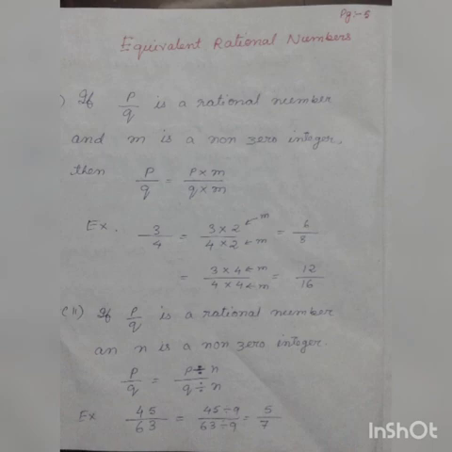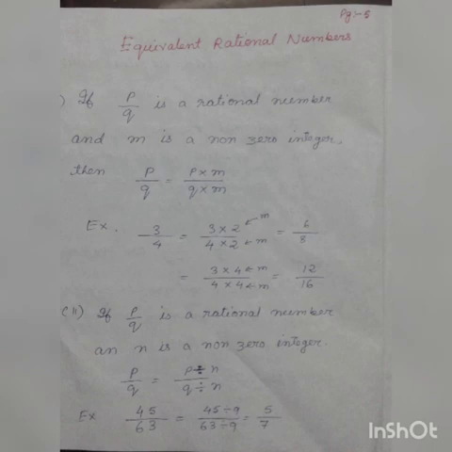It will give us 6 by 8. So 6 by 8 is the equivalent rational number for 3 by 4. Same way, if I multiply numerator and denominator by 4, we get 12 by 16. 12 by 16 is another equivalent rational number for 3 by 4.